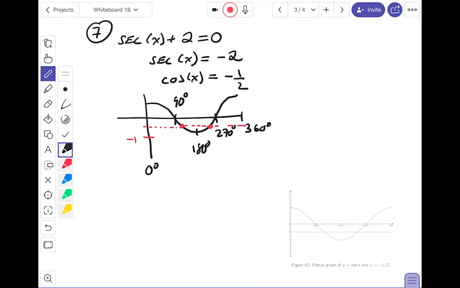Now here comes the question. What's the reference triangle? Well, I know the ratio is 1/2. I'll put this down for you. This is reference now. Oh, x reference is 60 degrees.